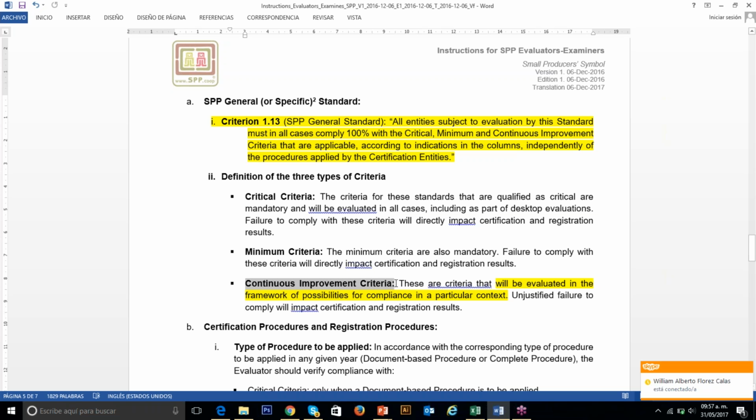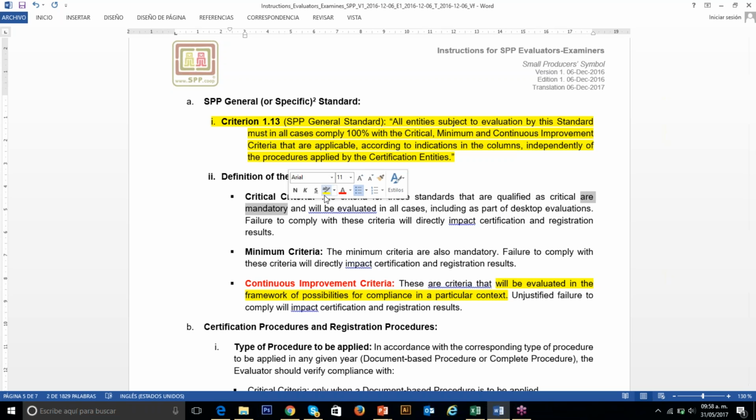That's why these criteria are very important, because the critical and minimum are mandatory, but the continuous improvement depends on the particular context, and then on the point of view of the evaluator.